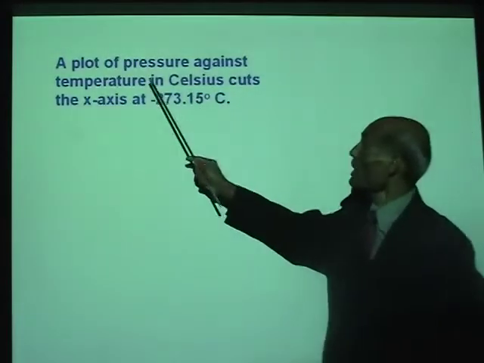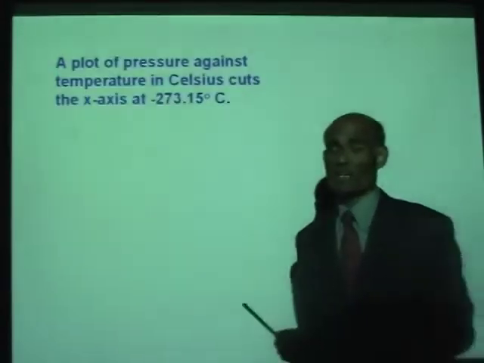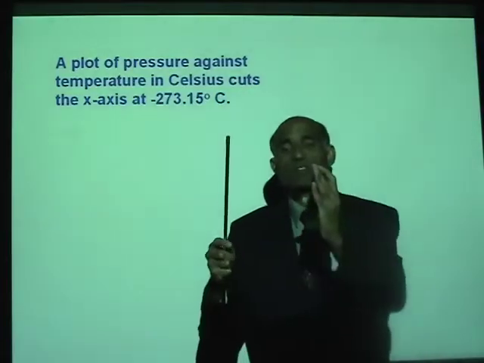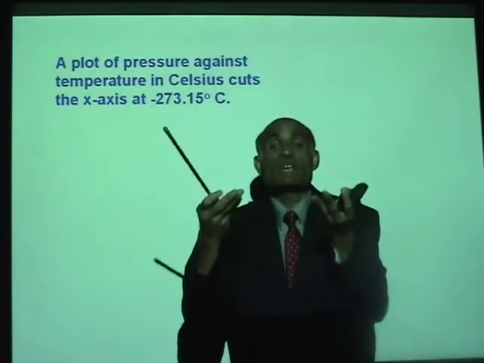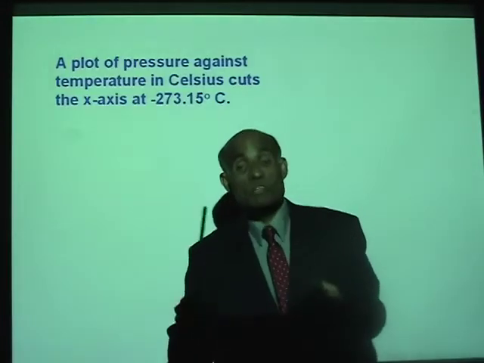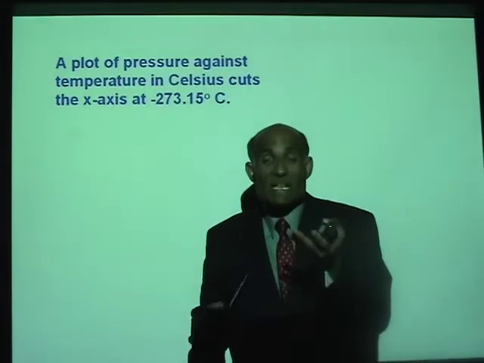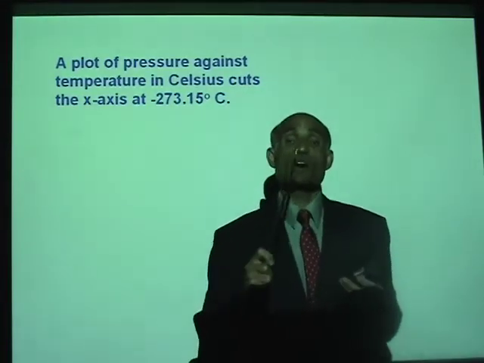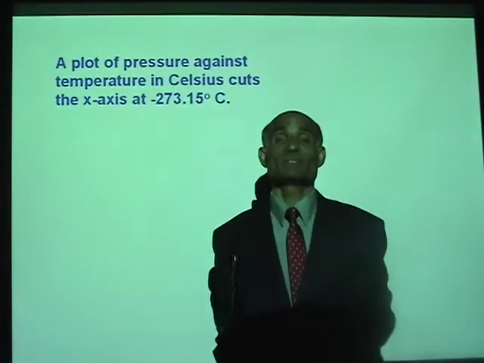Now, a plot of pressure against temperature in Celsius scale. We can actually do this experiment in the lab. We can take the bulb of the thermometer and cover it in ice, measure the temperature in degrees Celsius, and gradually heat the ice, and at intervals of 10 degrees you can keep measuring the pressure.